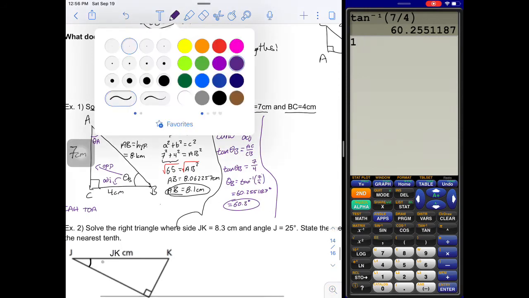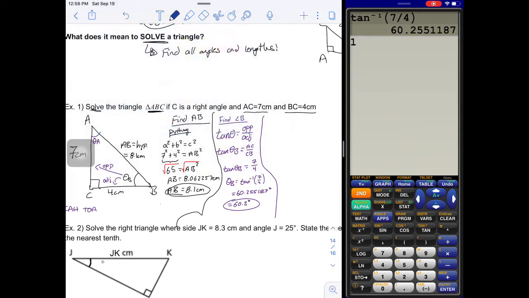Let's do it in another color. To find angle A, we just have to remember that in a triangle, all 3 angles added together equal 180 degrees. Okay, and we can plug these in.